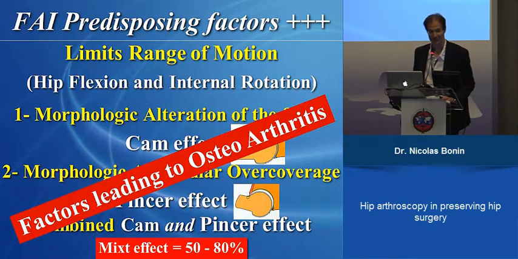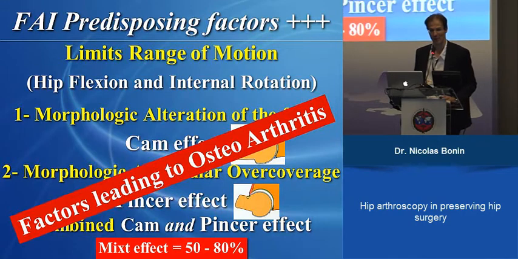Those predisposing factors are the alteration of the morphologic head-neck junction that we call CAM effect. And the second factor is the Pincer effect, which is an acetabular overcoverage. We can have a mixed effect that combines CAM and Pincer in 50 to 80% of the patients, and those factors are leading to osteoarthritis.